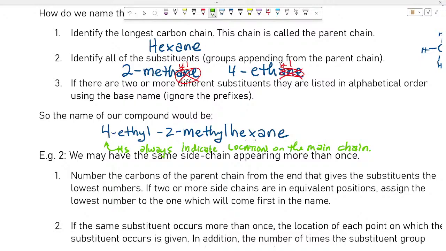And you're going to say, okay, it's a hexane, which means my main chain is how long? Okay, then I'm going to draw that. Then I'm going to go to the 4th carbon on the chain, and I'm going to add an ethyl, which is how many carbons? 2. Great. And then I'm going to go to the 2nd carbon on the main chain, and I'm going to add a methyl, which is how many carbons? 1. And then, boom, there are my instructions.